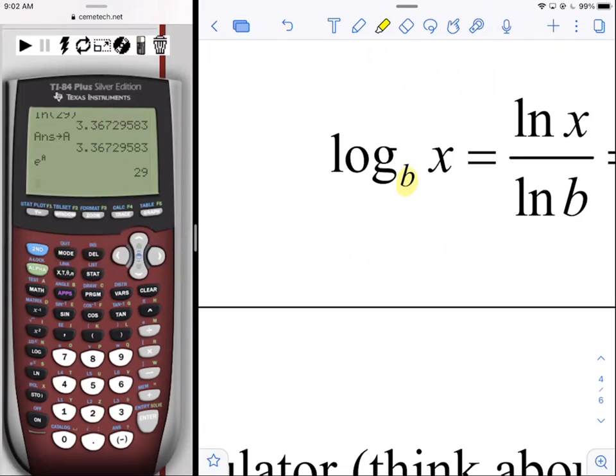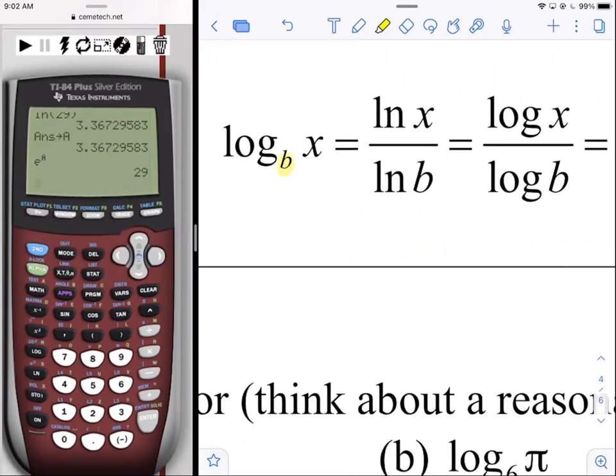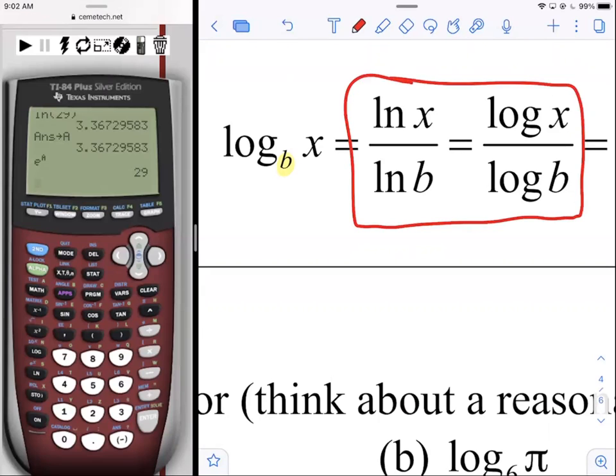Okay. Now, if you don't want to choose base e, you can choose base 10. So you could also do log base 10 of the argument over log base 10 of the base. Now, remember that when you say that two quotients are equal to each other, that doesn't mean that the numerators are equal and the denominators are equal. Like 2/3 is equal to 4/6, but 2 doesn't equal 4 and 3 doesn't equal 6. But the ratios would be the same.